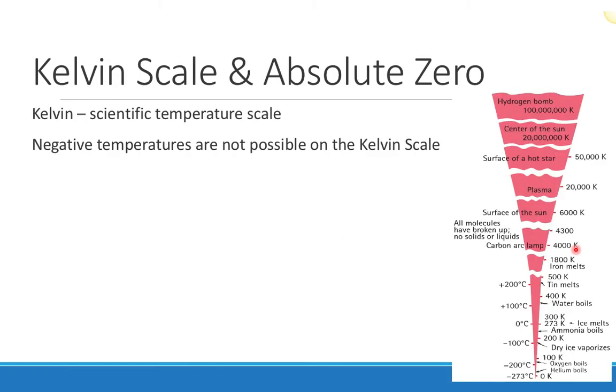In order to have a more scientific scale that represents temperature as it relates to the internal energy or the thermal energy of a system, we define something called the Kelvin scale. The Kelvin scale is more scientific because on it, negative temperatures are not possible.